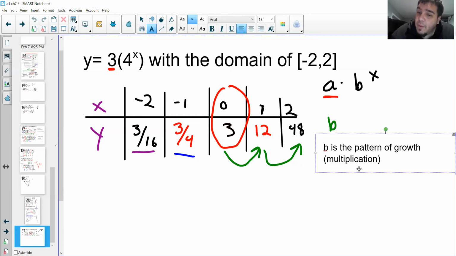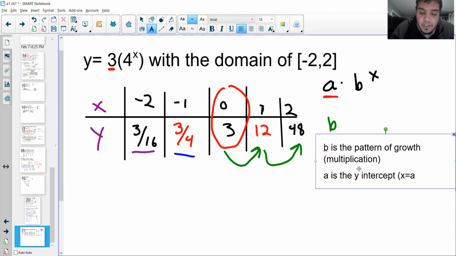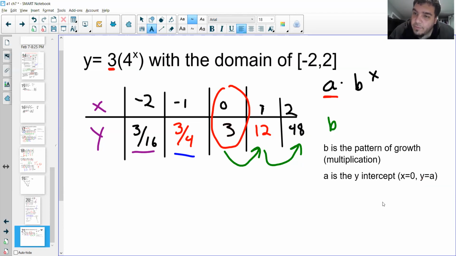So while B gives you the pattern of growth, A is the y-intercept. Basically, when x equals 0, y equals A. That is the y-intercept.